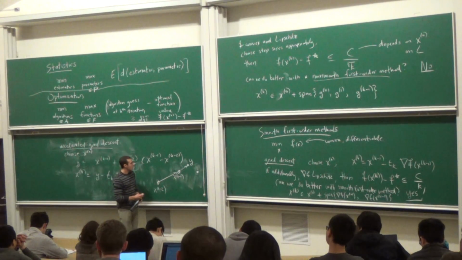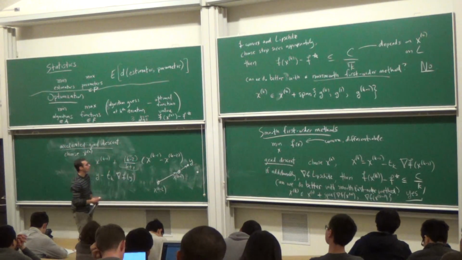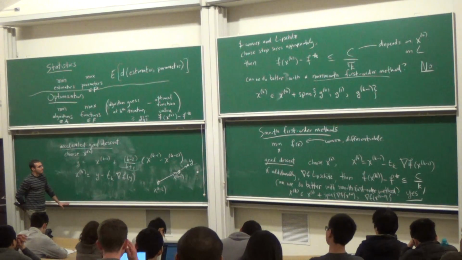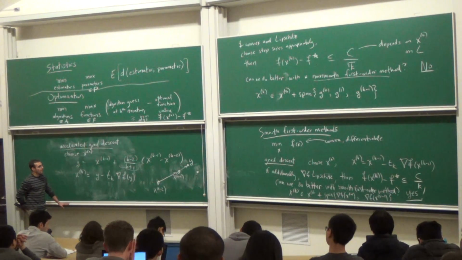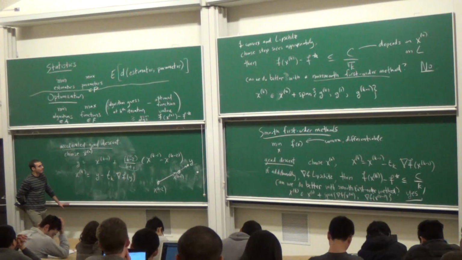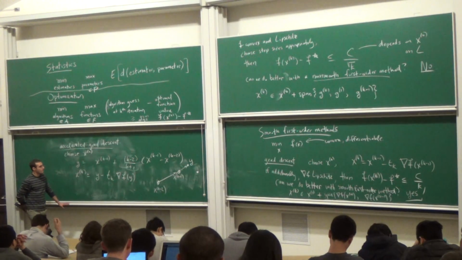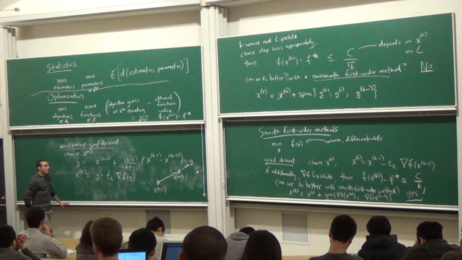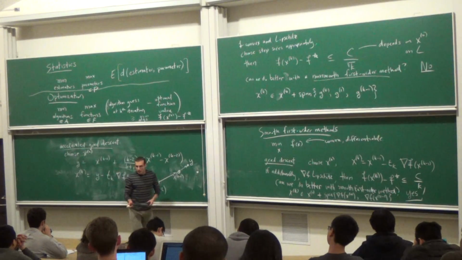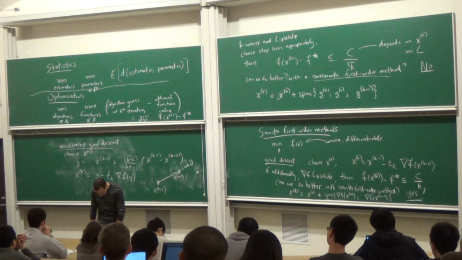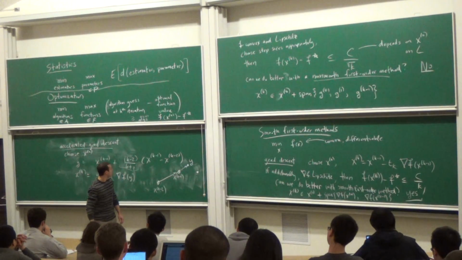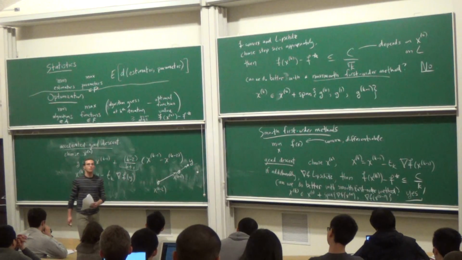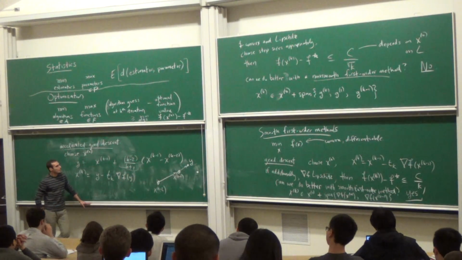No, but I think the point is that... okay, so that cannot be the only distinction, because then it would be a first order method, but I'm temporarily blanking on why that's not the case.